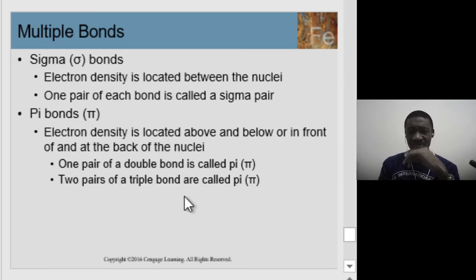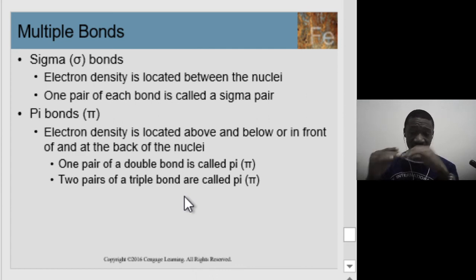So there's what we call sigma bonds, and the sigma bonds are like the main bonds around, and the pi bonds are the overlapping bonds, simply put. In the sigma bonds, electron density is located between the nuclei, as we saw in the beginning where we showed the cloud density. One pair of electrons, just a bond, is the sigma bond.